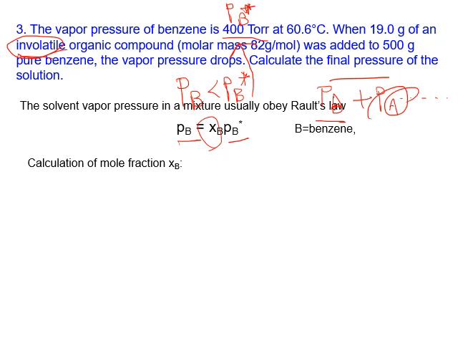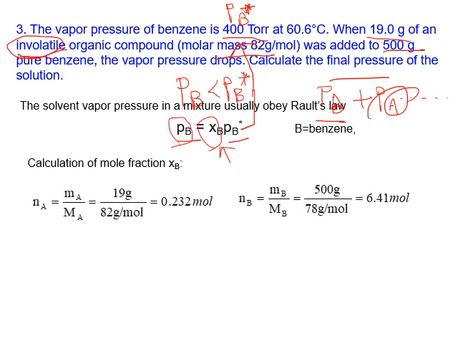And in order to calculate the vapor pressure in the mixture, we need to calculate the mole fraction. Now we have grams and molar mass of the involatile organic compound, and also grams of benzene and the molar mass of benzene. So we calculate the number of moles. This is the number of moles for the involatile organic compound, and this is the number of moles for benzene.